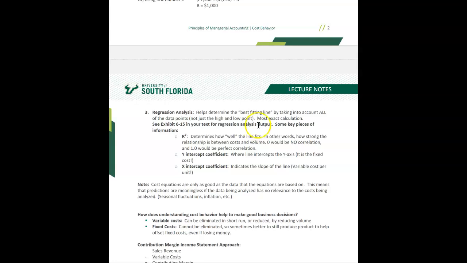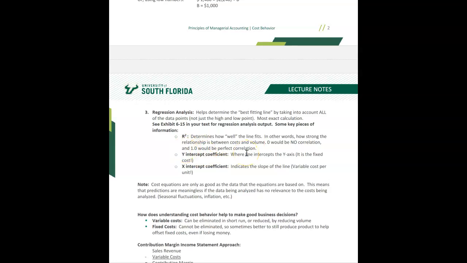Now, what do you need to know for this? There's an exhibit in your text with an example of output on here. But one of the statistical results that we're looking for from a regression analysis is the R-squared. And the R-squared determines how well the line fits. In other words, how strong is the relationship between costs and volumes.